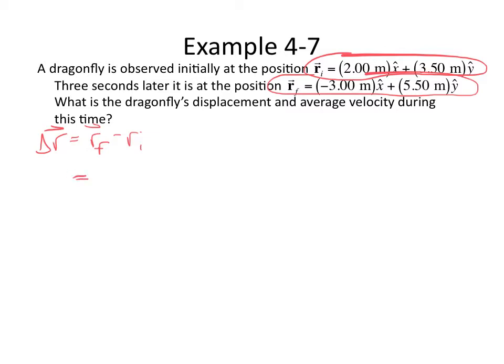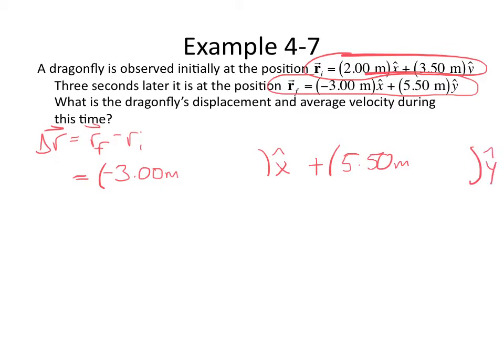So r final is negative 3 meters x hat. You're thinking, why did he make those parentheses so big? Well, I'll tell you in just a minute. And our final is 5 meters y hat. I'm getting kind of sloppy.